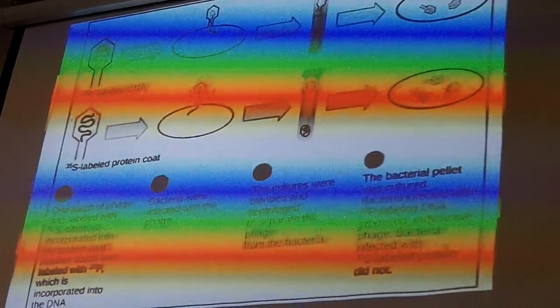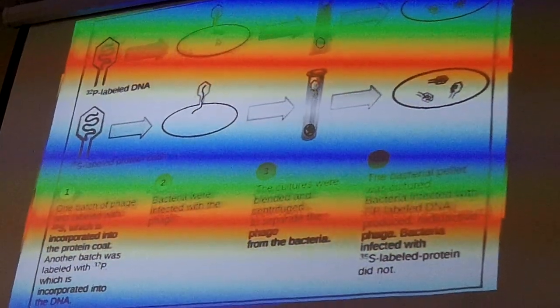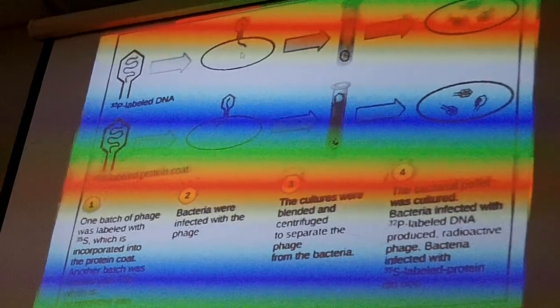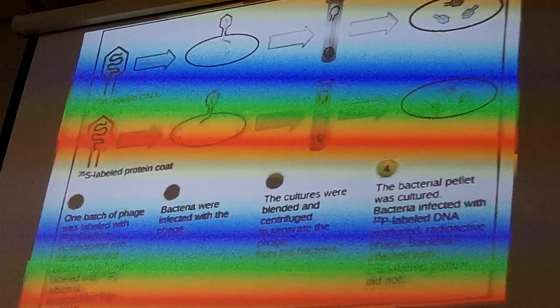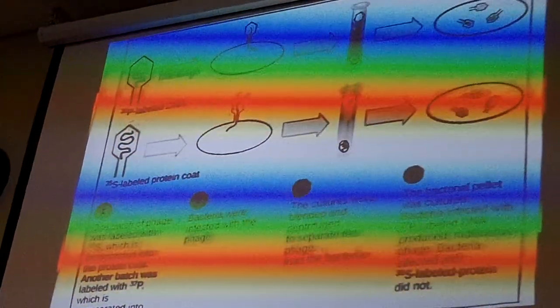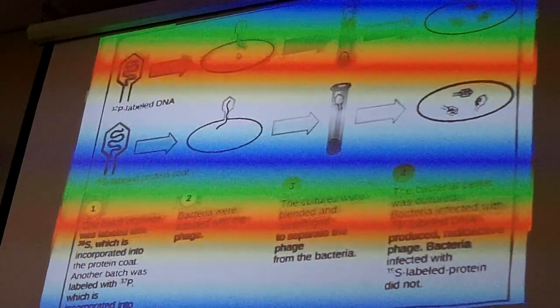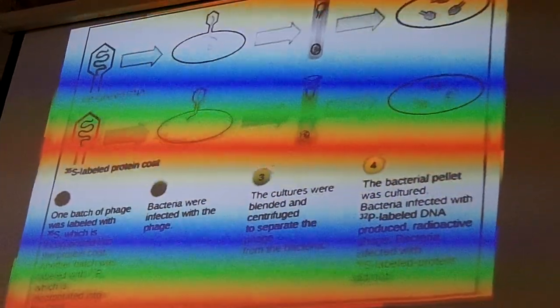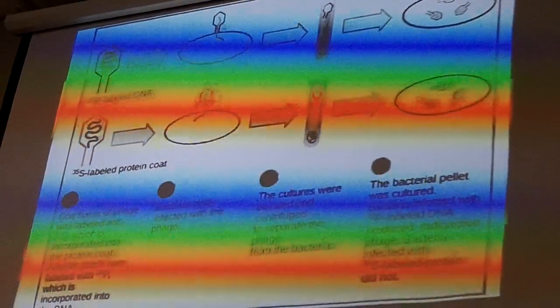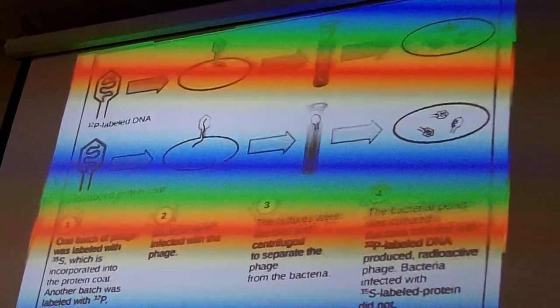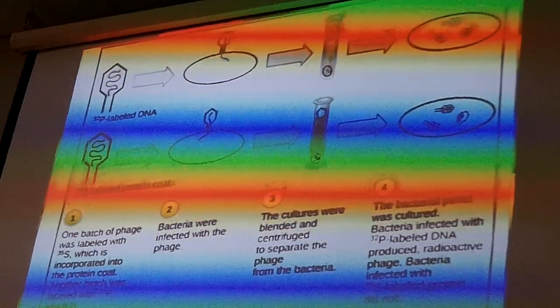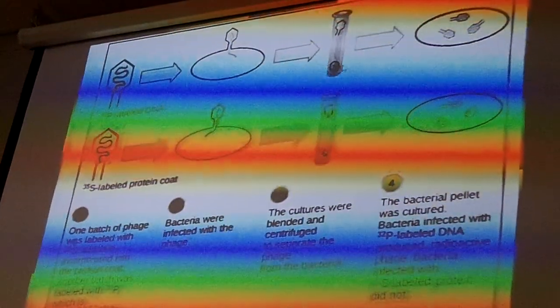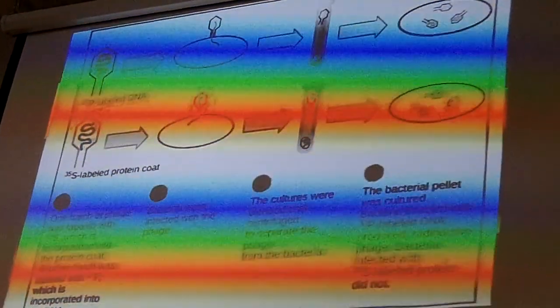Meaning that they had injected DNA into the cells, not protein. If protein had been injected into the cells, and DNA not injected into the cells, then it wouldn't be glowing down here.